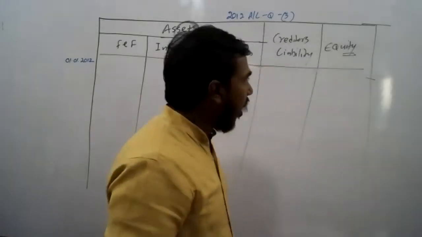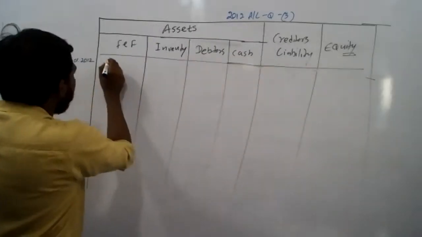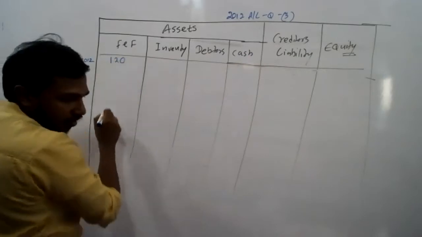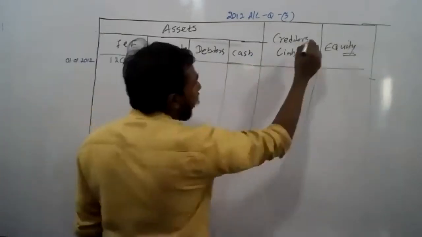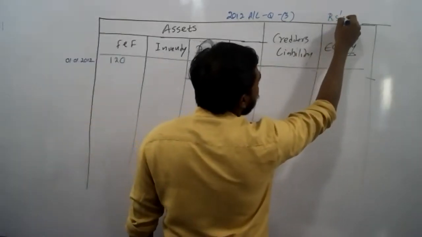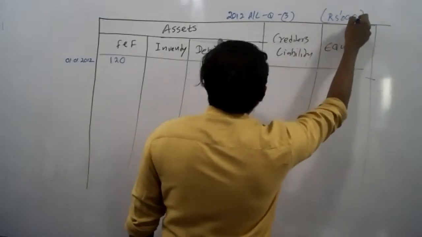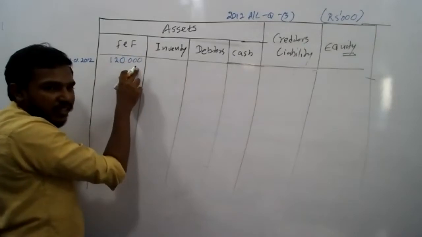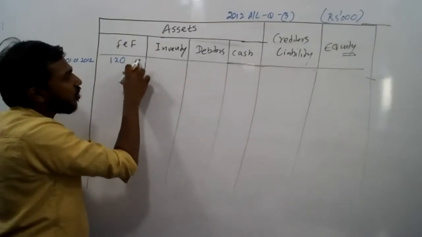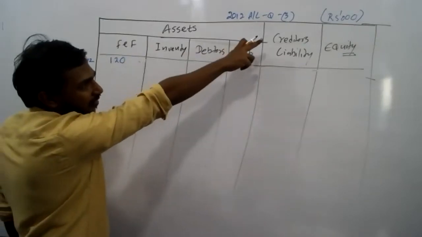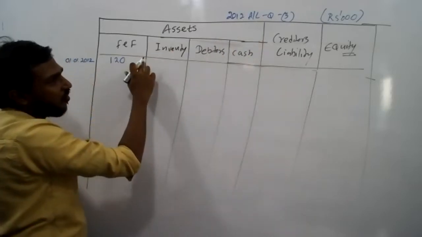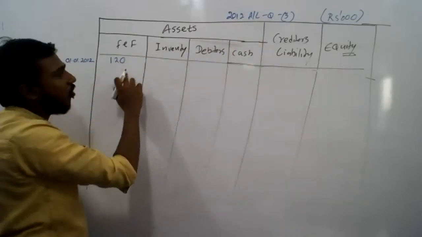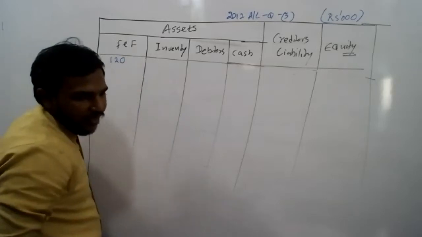Furniture and fittings, how much? 120,000. We'll do this in thousands, rupees 1,000. So we don't write the triple zeros for each amount. 120.